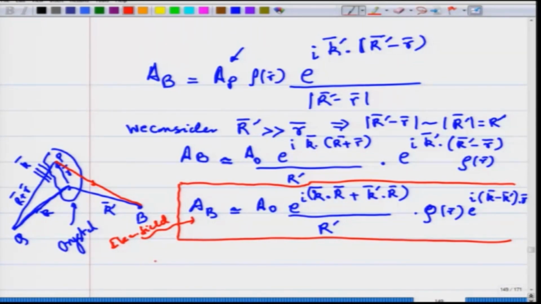So, my net intensity will be proportional to the net AB.